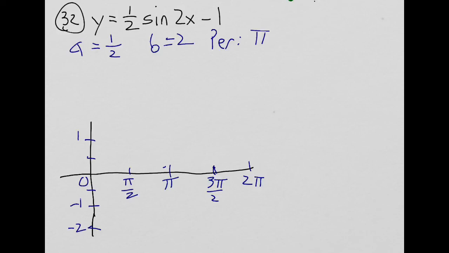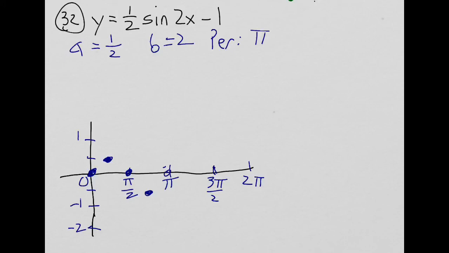Okay, so looking at this one, drawing the basic graph, let's see here. It's a sine graph, which means I start at 0. So the first dot is right there. And this one, amplitude is 1/2, so it's only going to go up to 1/2 right there. And then it goes back down to pi over 2.